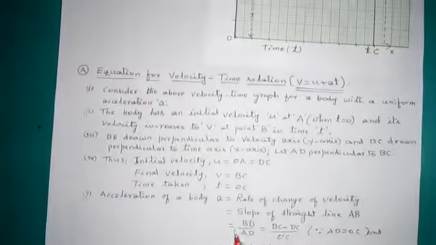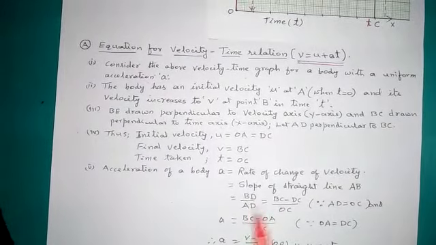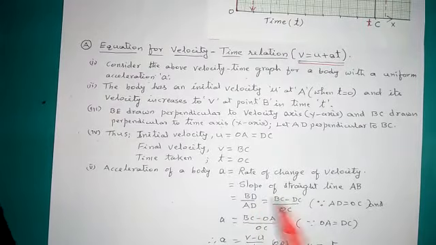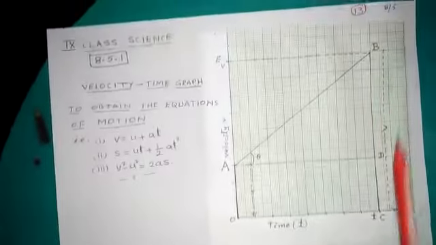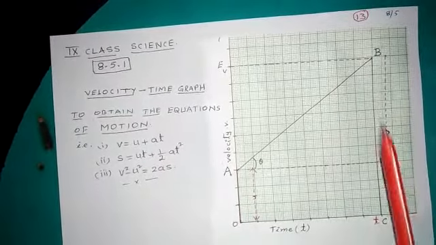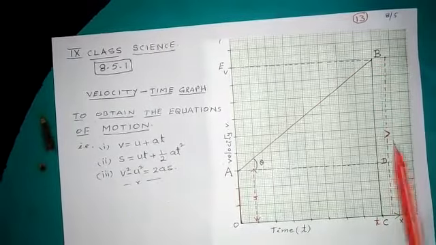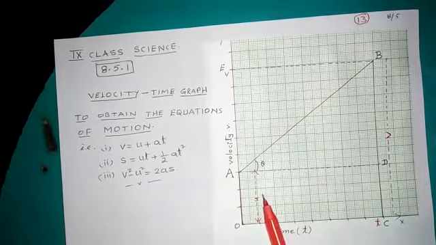Therefore, the slope of straight line AB is equal to BD by AD, where BD is equal to BC minus DC, because BC is equal to v and DC is equal to AO, which is equal to u.